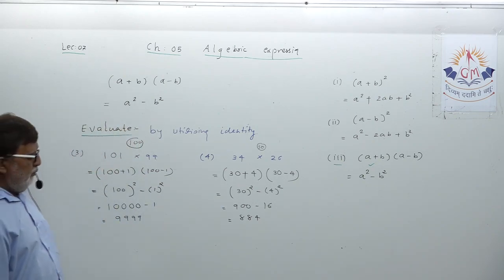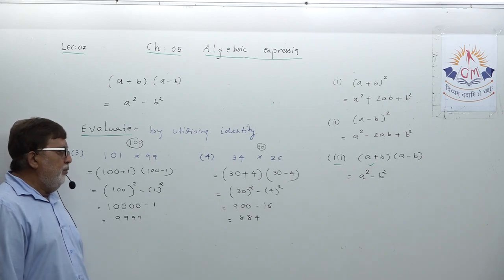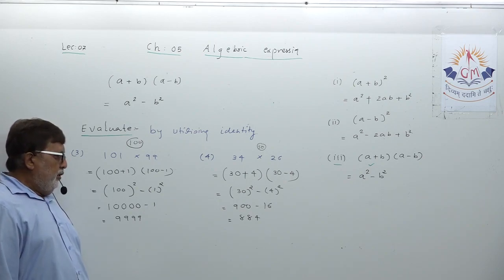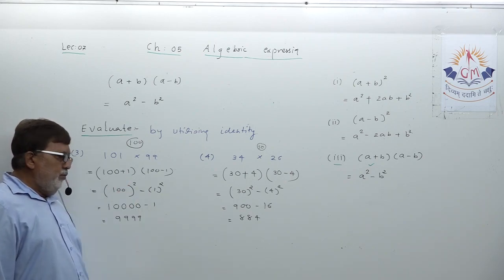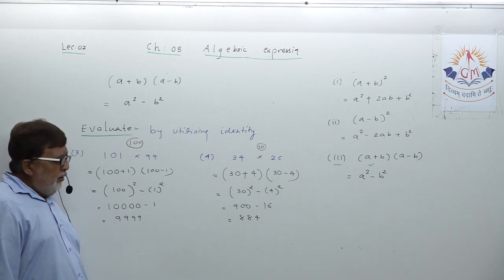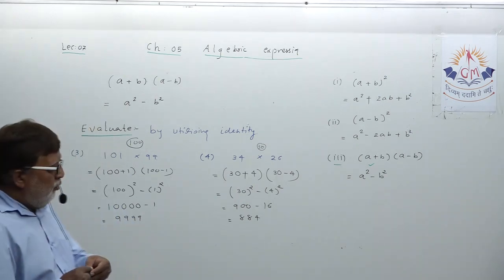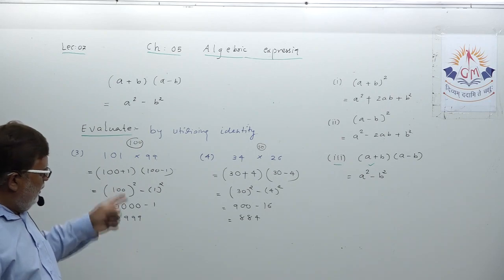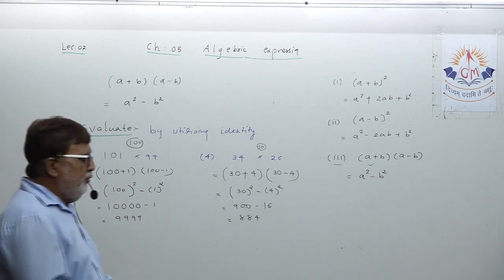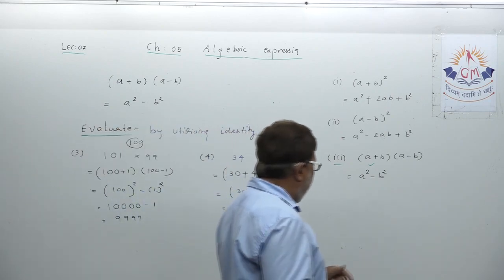just concentrate. One more example of this type we will practice, but it is not always that you will get B as 1. It is according to the demand of the sum. Understand? You have to apply. One more sum I will do for you, but first you make this very clear in your mind.